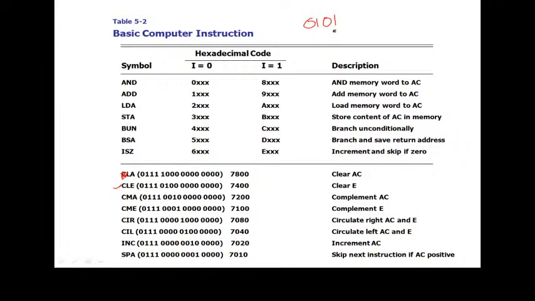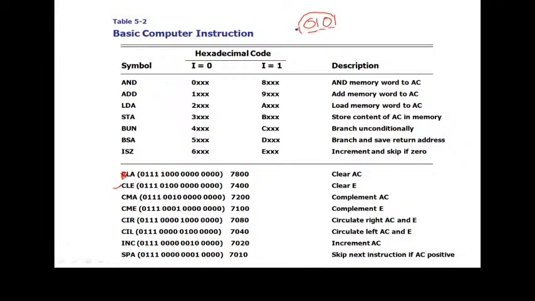What will happen after rotating? Right rotating means each and every digit will occupy the subsequent right bit position. This 0 will come here, this 1 will come here, this 0 will come here, and this 1 will get rotated and will occupy the first position.